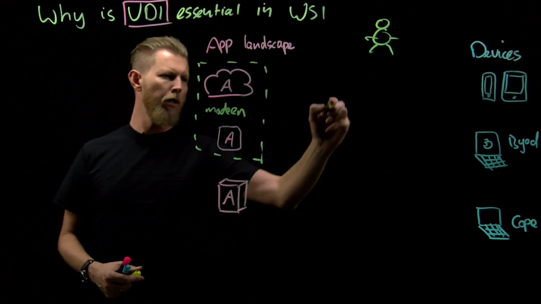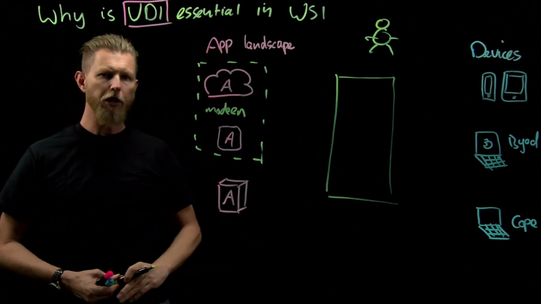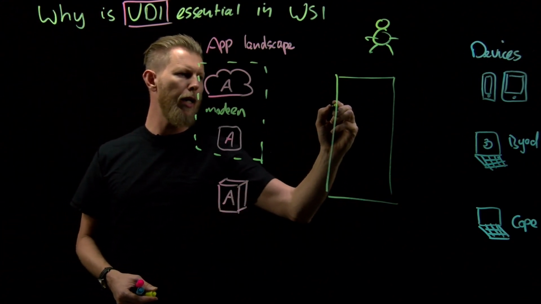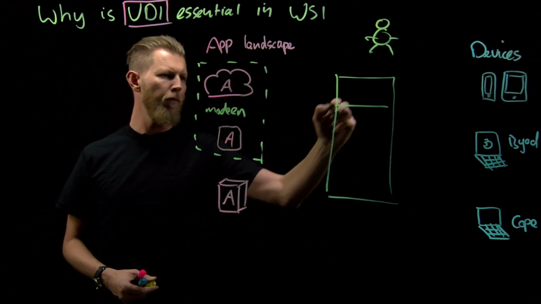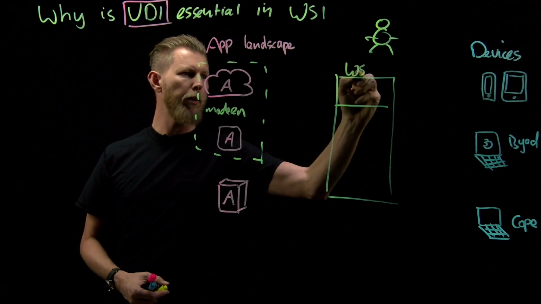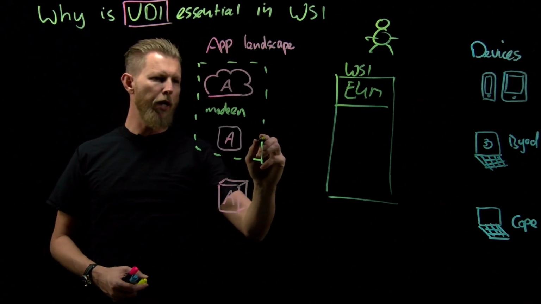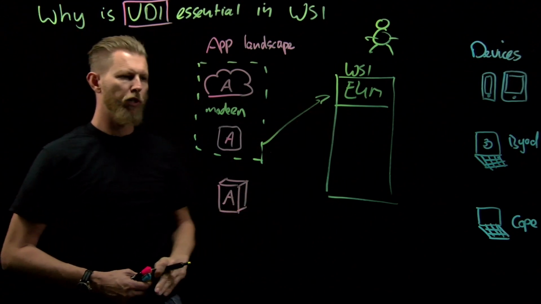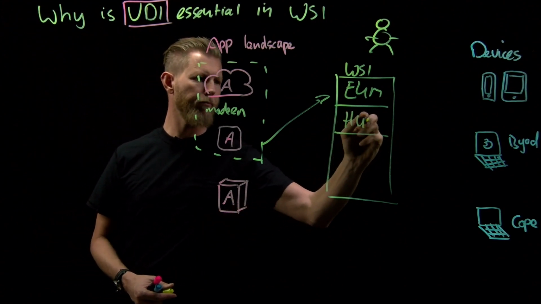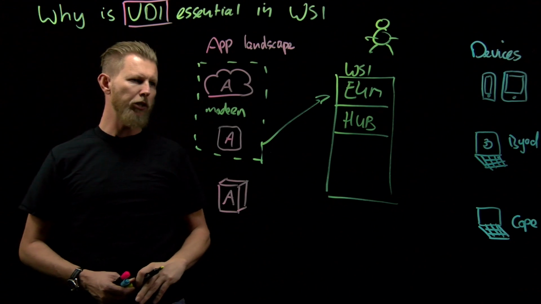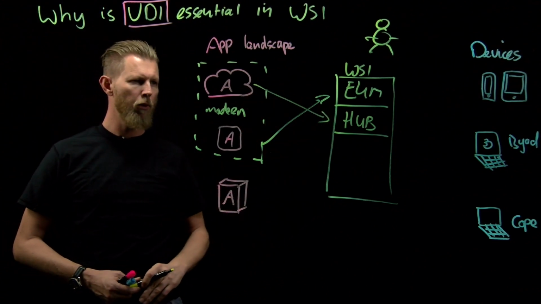Workspace ONE contains multiple different features or functionality, and the ones you would need to bring those modern applications to any type of device are, in this case, your Workspace ONE UEM solution to basically bring your traditional app to any type of device, and your Workspace ONE Hub to bring your cloud-based applications to any type of device.